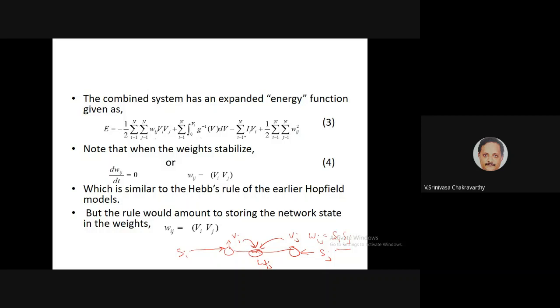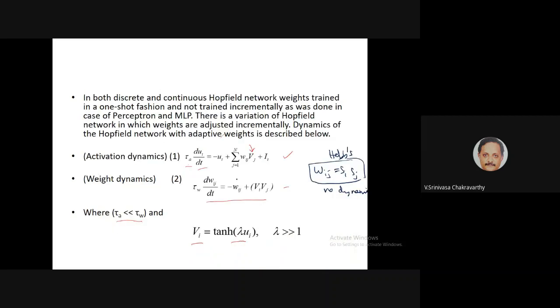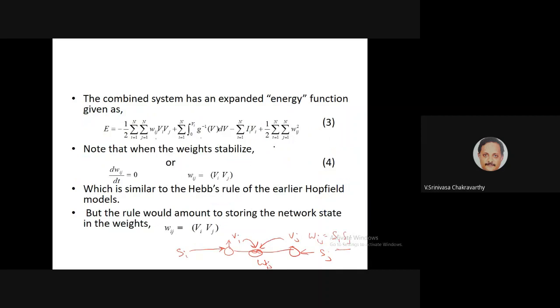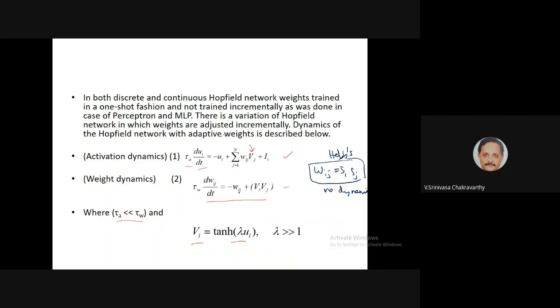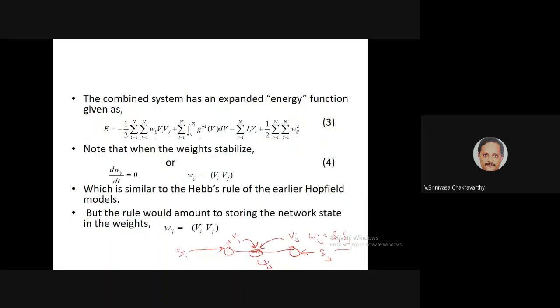If you take this as a Lyapunov function, you can derive both these equations from it. And you can see that when the weights stabilize, dWij/dt is equal to 0, Wij will be equal to Vi Vj, which is similar to Hebb's rule.